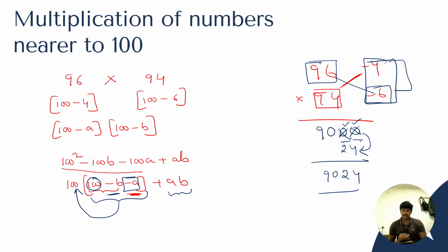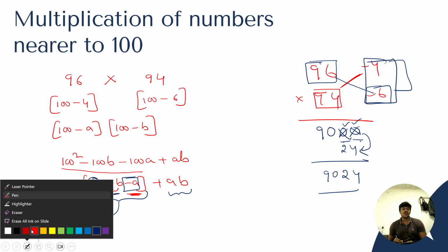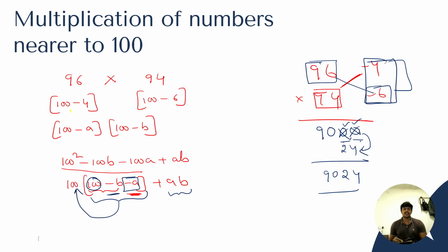I will repeat one more time for your convenience. We're actually writing the numbers as 100 minus A into 100 minus B. Then we are going to take 100 common. You are going to get 100 minus B, which is our second number, then we are going to subtract A from it. Then you have to multiply that number with 100.